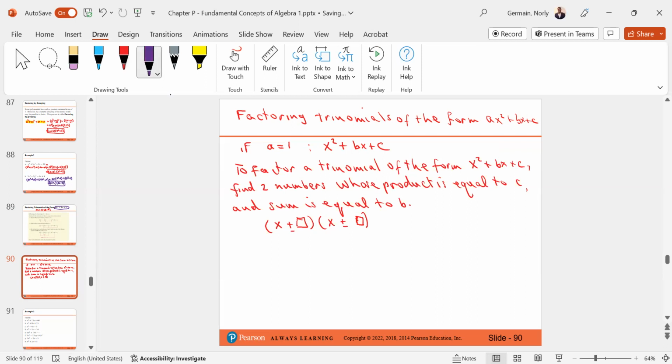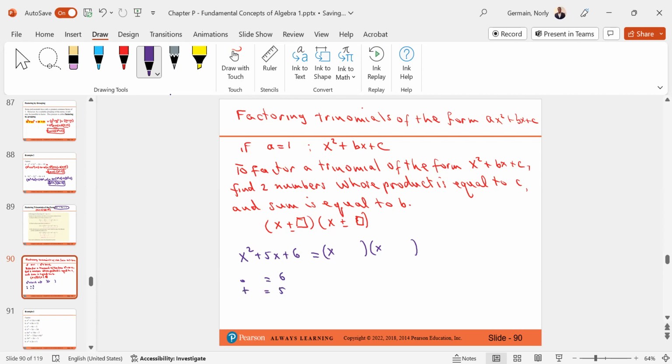For example, if you have x squared plus 5x plus 6, because you only have x squared, it's going to be x for both. Now, two numbers that when you multiply give you 6, but when you add give you 5.